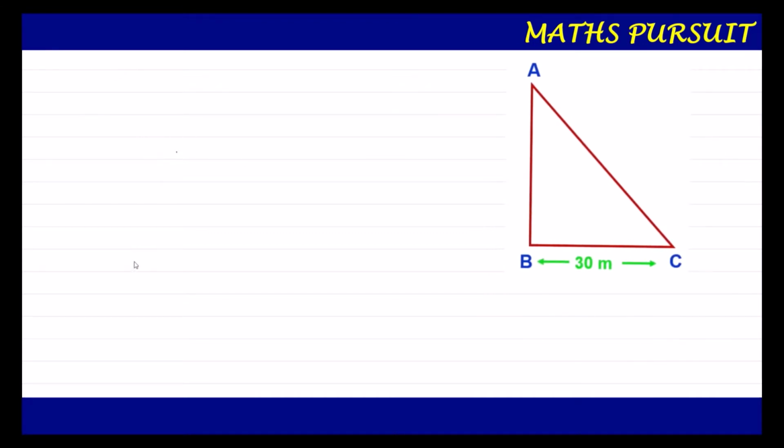As per the question, we are considering, let AB be the tower. So AB is our tower now.